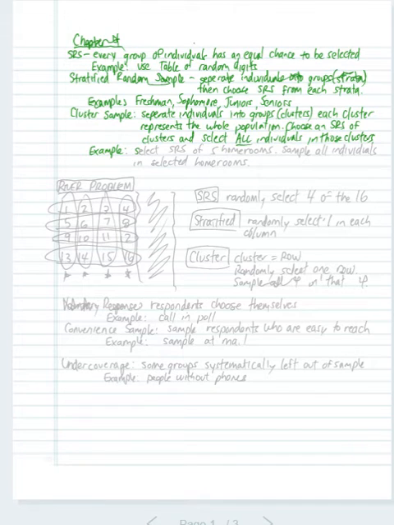And then we would select an SRS of 5 homerooms. And for each of those homerooms that we selected, we would sample all of the individuals within each of those homerooms. So sample all individuals in selected homerooms.